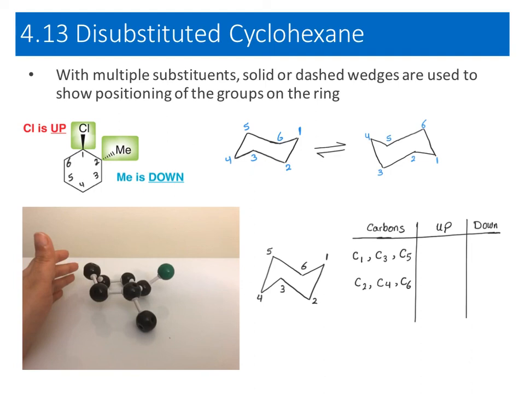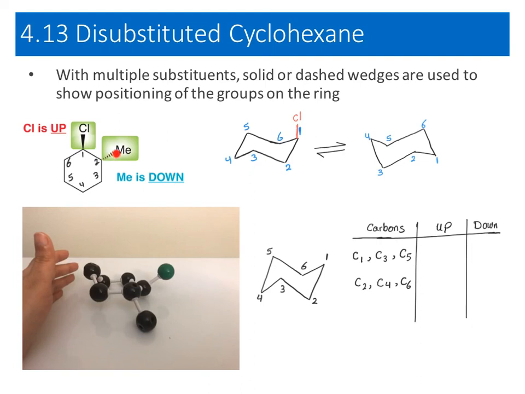Then we need to look at chlorine. Chlorine is in wedge, and wedge bond means up, and it is on carbon 1. And up position in carbon 1 is right here in the axial position.